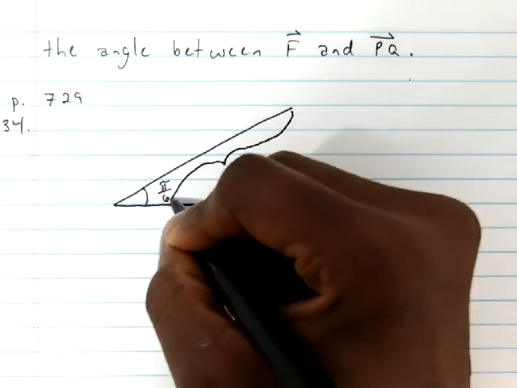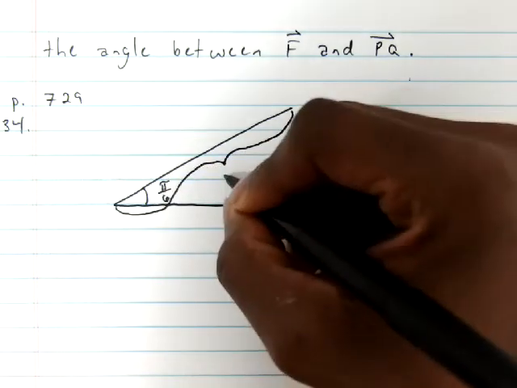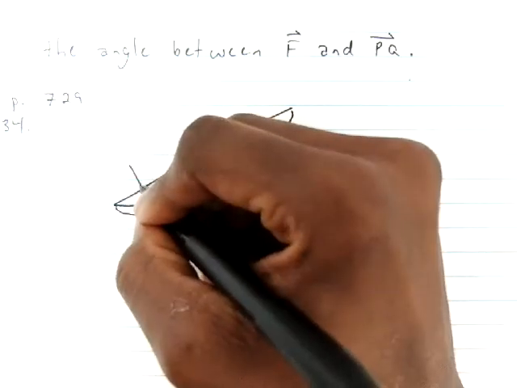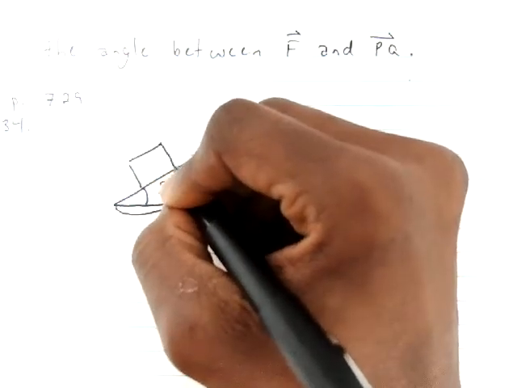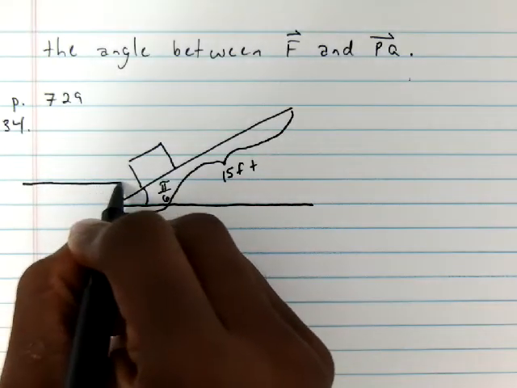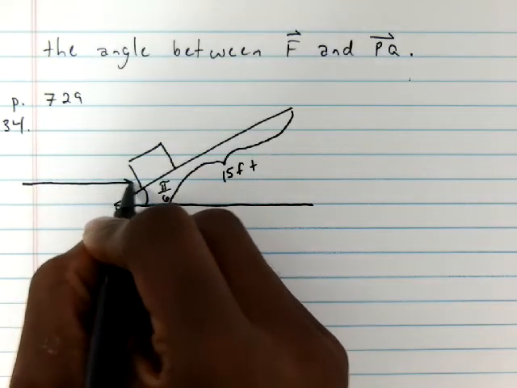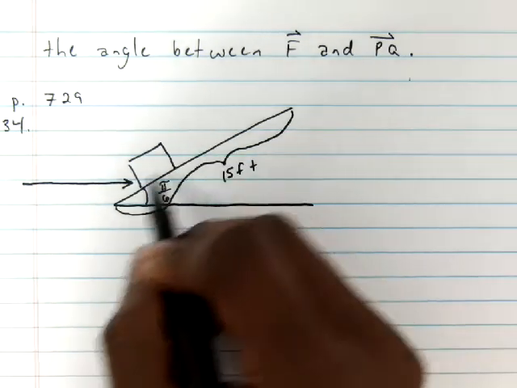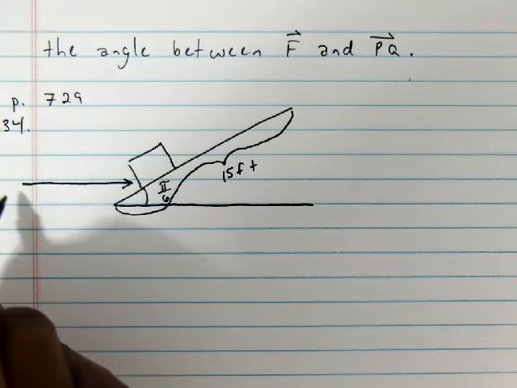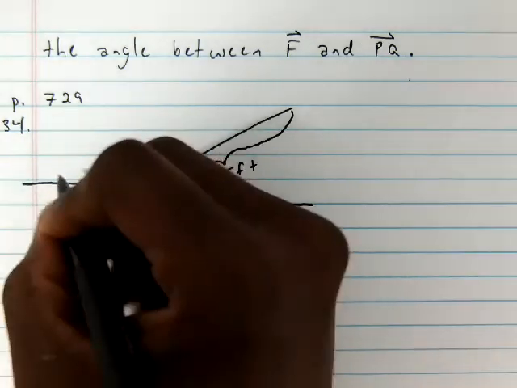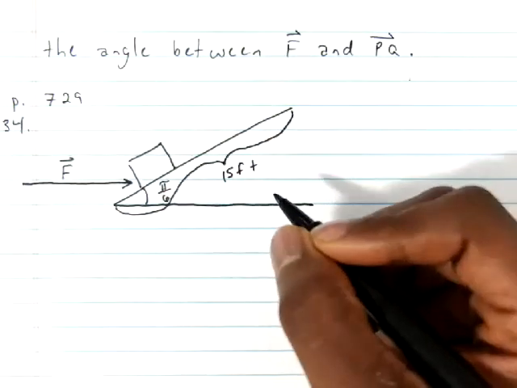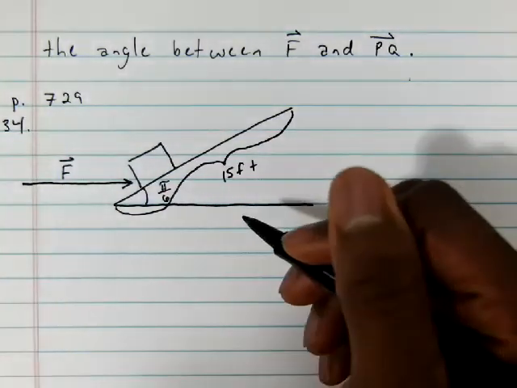So that length right there is 15 feet. And there's a box on the ramp. It's getting pushed up the ramp by a horizontal force. So the force is not coming at an angle this way. The force is coming in the horizontal direction. And they told us that that force is a force of 20 pounds. We're just going to call that F.